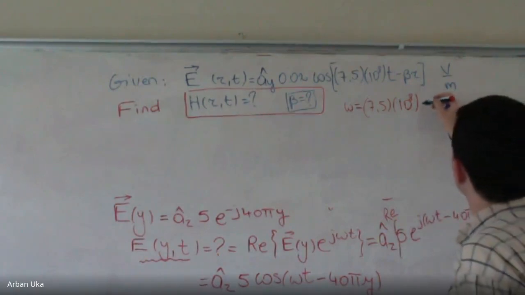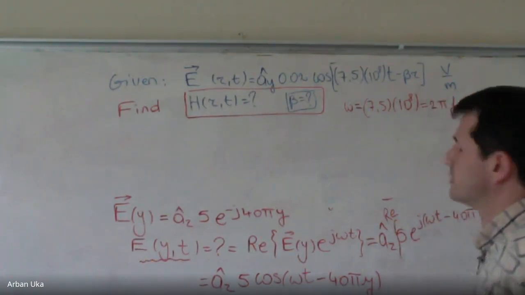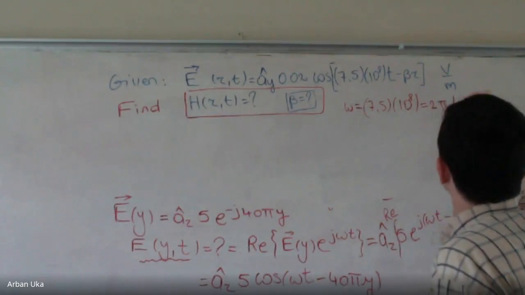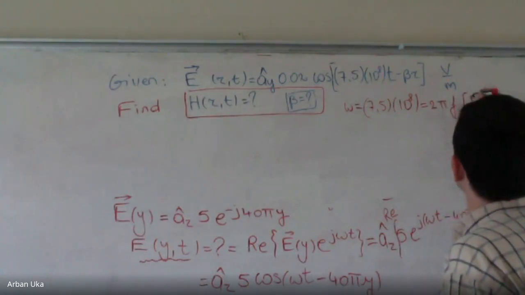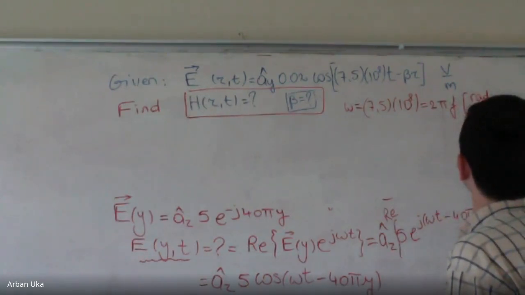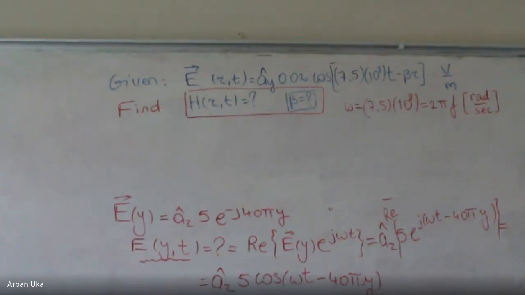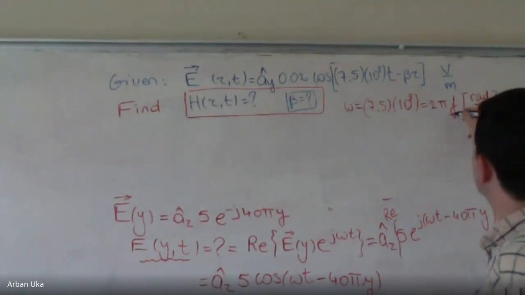This is also equal to 2 pi times frequency, and as we said, it has units of radians per second. So we can also find what the frequency is here.